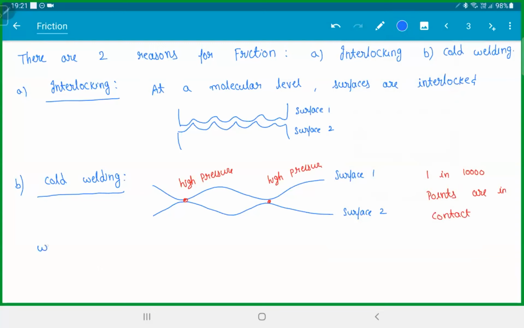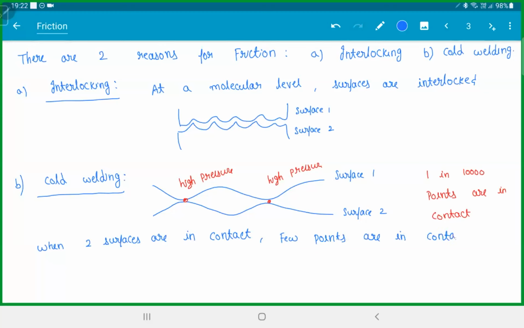So when you bring two surfaces very close, this word "in contact" itself is actually wrong. The entire thing doesn't touch each other. Only very few points are in contact. And you know what happens if few points are in contact?